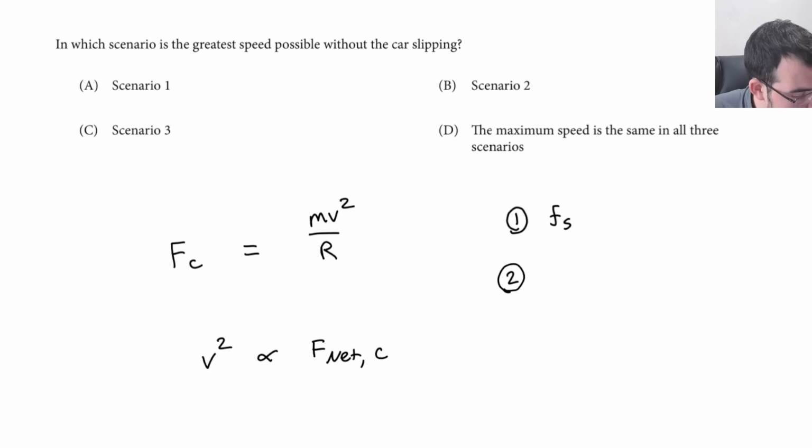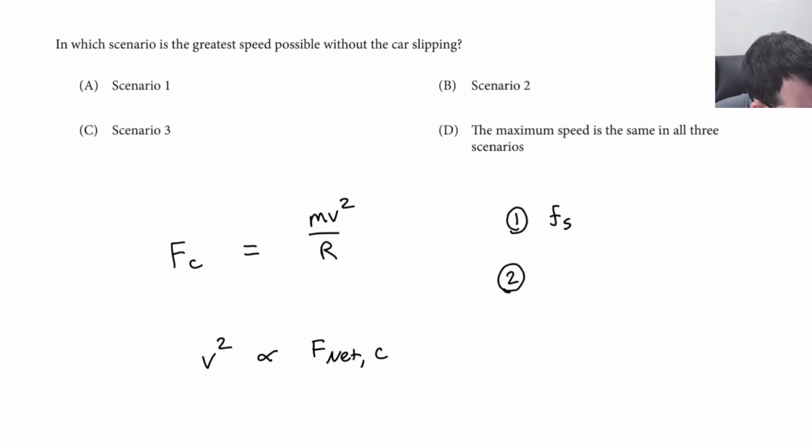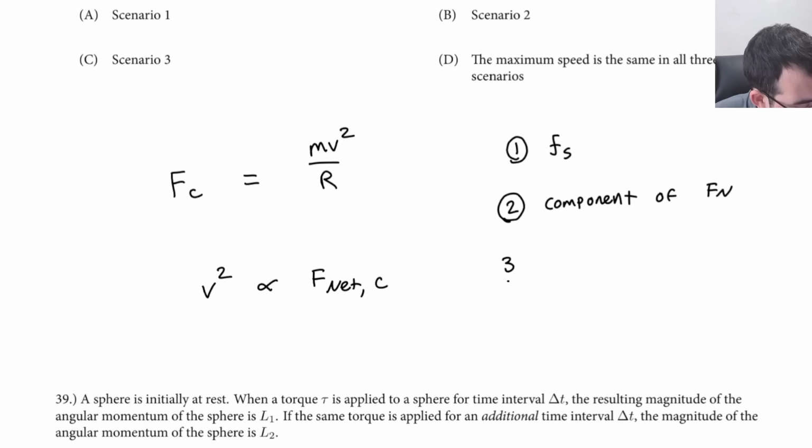What about scenario 2? Well, in scenario 2, the whole reason we go on a banked curve or a ramp is part of the ramp pushes you towards the center of the circle. So in scenario 2, we get a component of the normal force. And then in scenario 3, if we have a banked curve with friction, it's both, right?